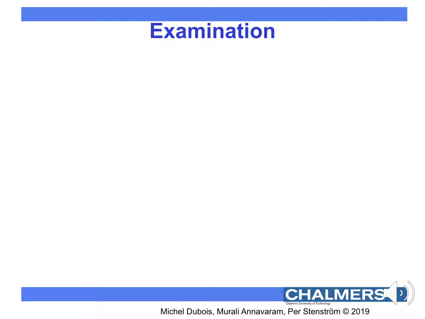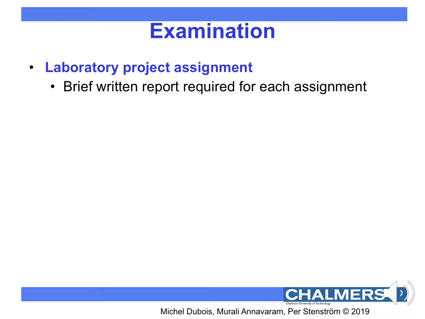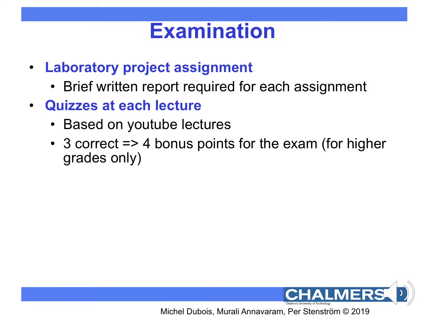Now to the examination. There are two things that are needed for you to pass the course. One is to hand in and get approved all the written reports, the one for each lab that is needed. I will also be happy to give out bonus points.